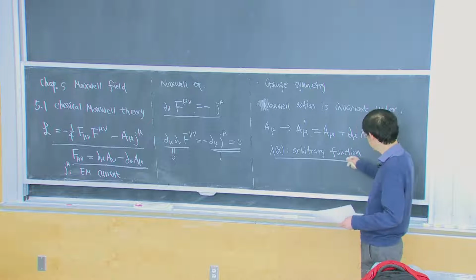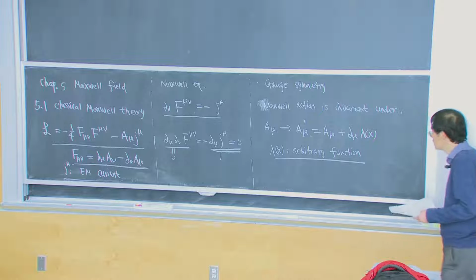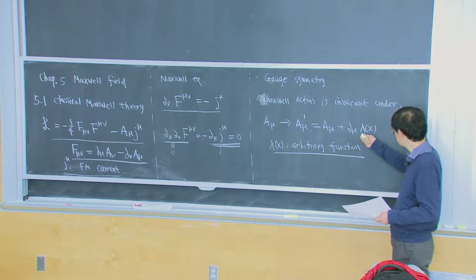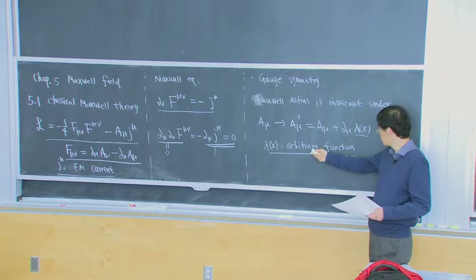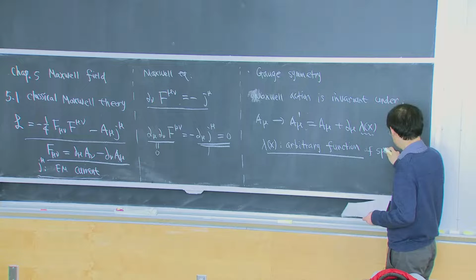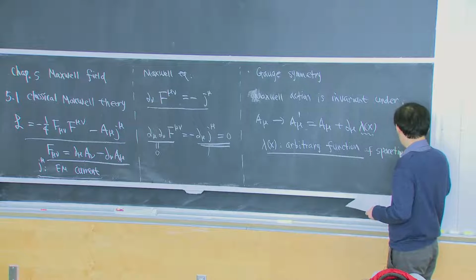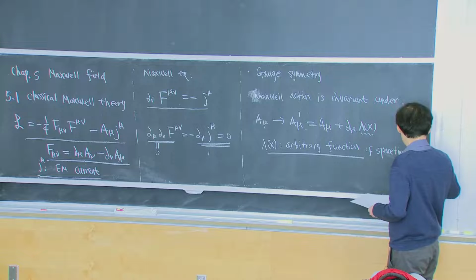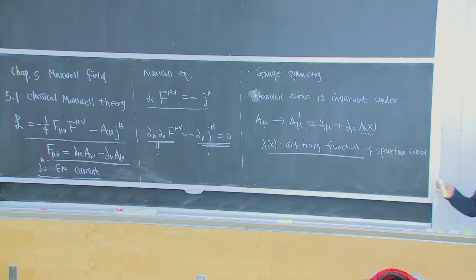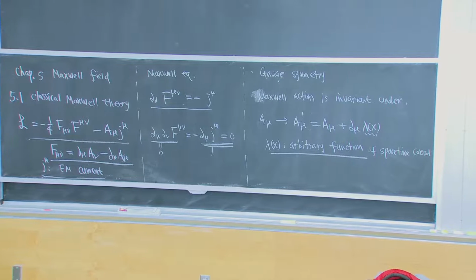And this symmetry is a little bit different from the symmetries we have discussed before, because it depends on an arbitrary function of space-time coordinates. For the previous symmetries we have talked about, the transformation parameters are independent of the space-time coordinates; they are constants.